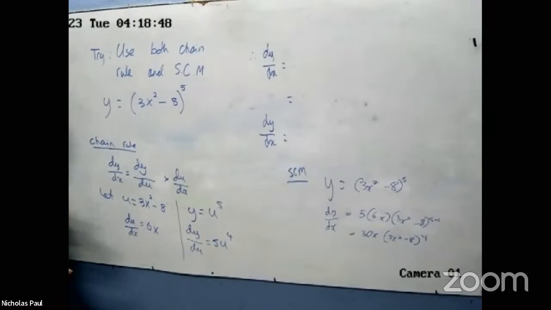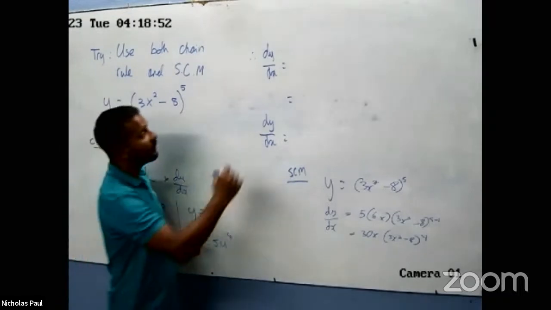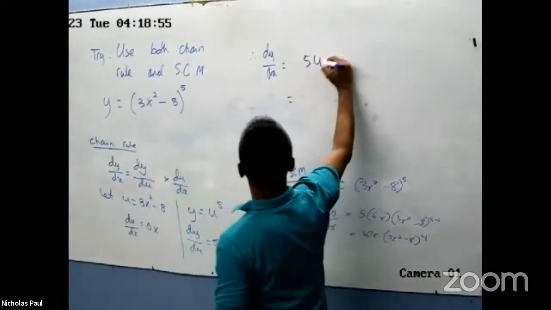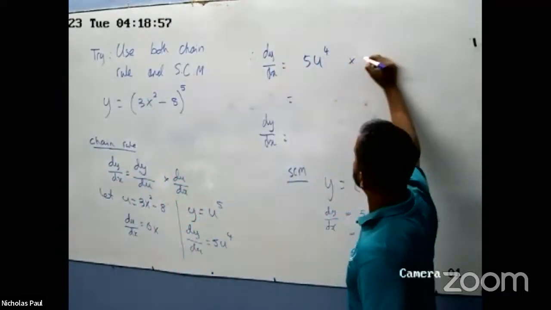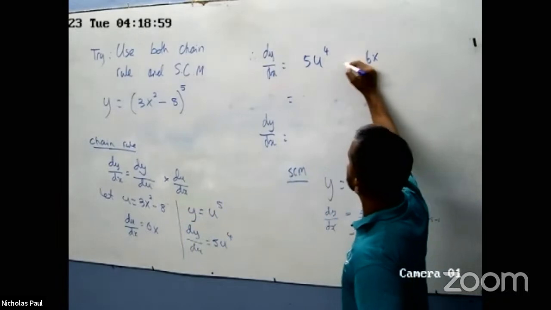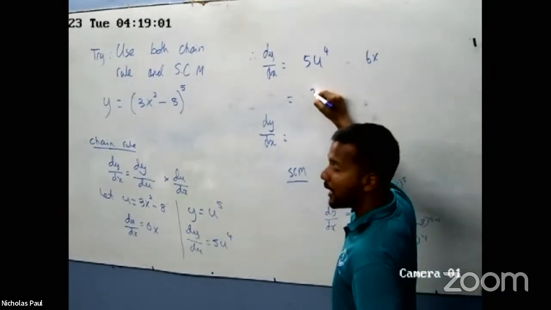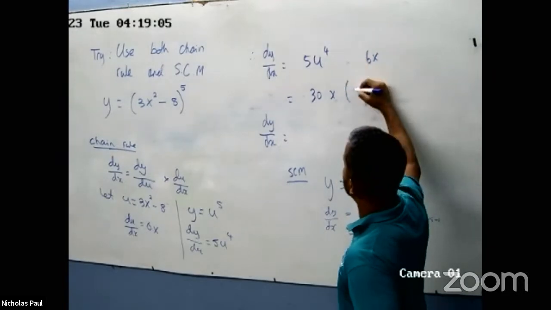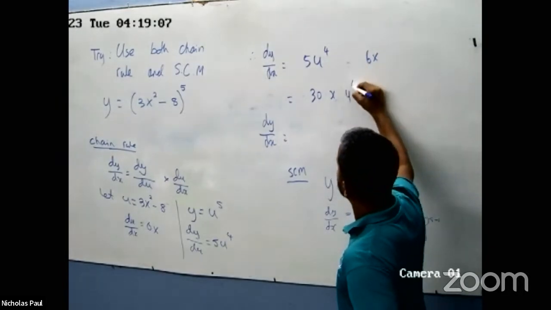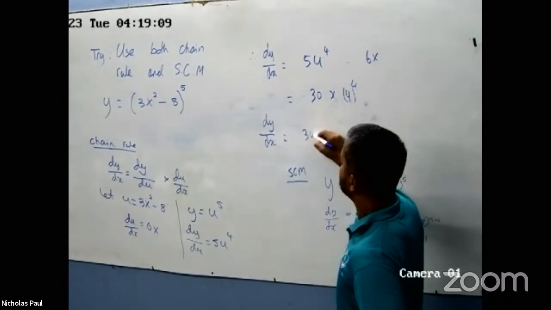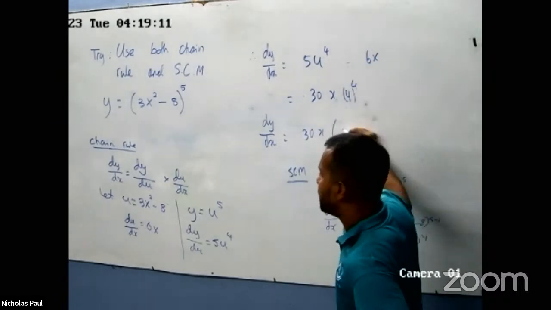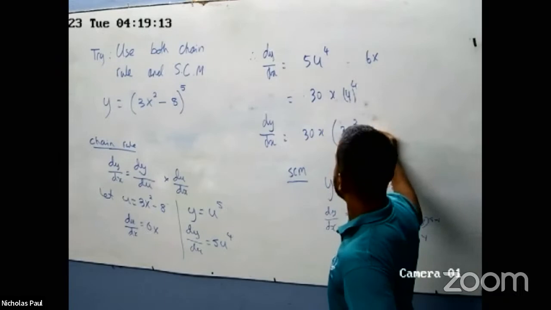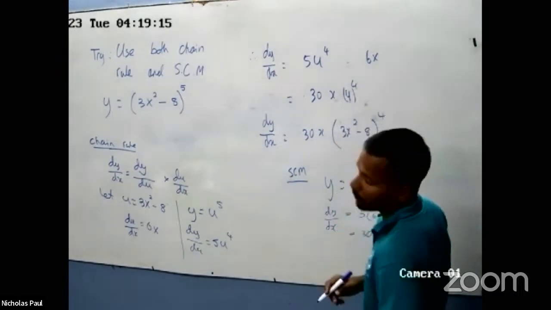Okay with that? And then you come back here and you write 5u to the power of 4 multiplied by 6x. So that's 30x by, well, u to the power of 4. So that'll be 30x by 3x squared minus 8 to the power of 4.